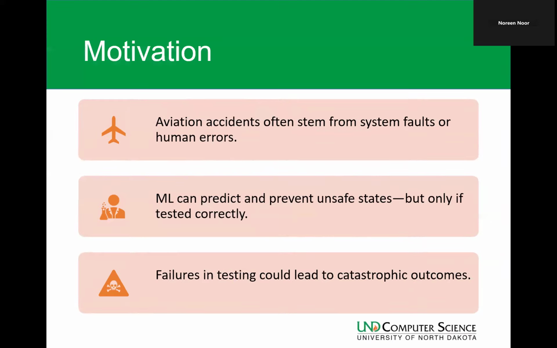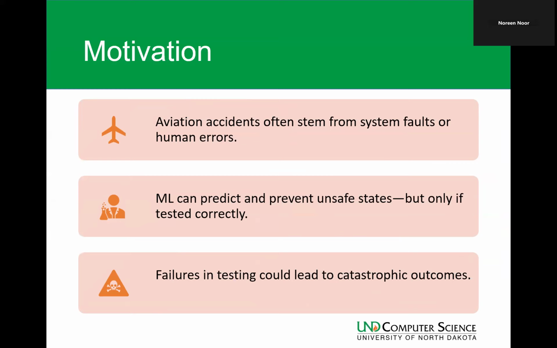After that, we have motivation. Why I am doing this research topic, having this topic in a survey paper. The main reason this topic matters is because aviation accidents often happen due to system failure or human errors. Machine learning has the potential to actually prevent many of these unsafe situations by detecting problems earlier.